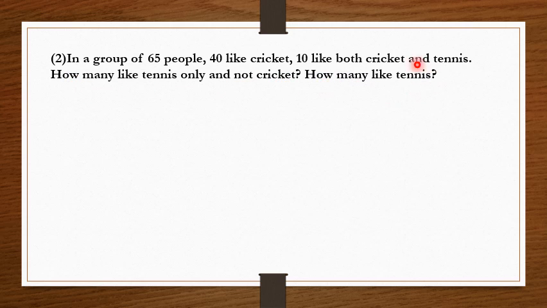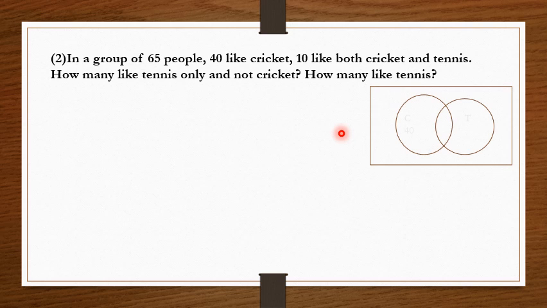So the Venn diagram of this figure is: this rectangle gives the total number of people, the first circle the people who like cricket, and the second circle the people who like tennis. It is not given, but it's given that the number of people who like both cricket and tennis is 10, so this portion is 10.